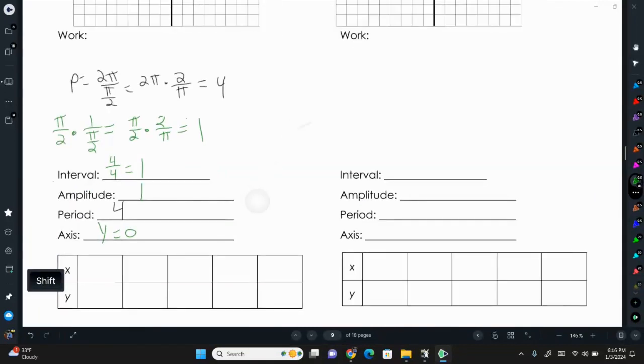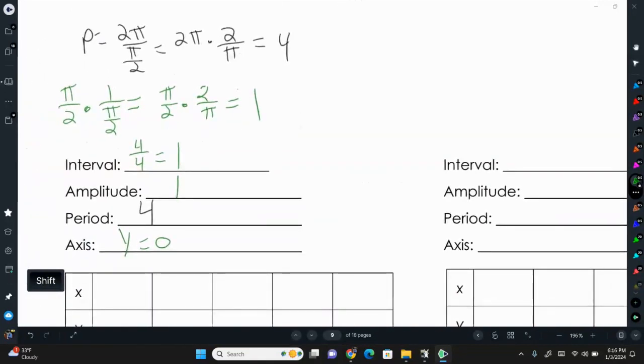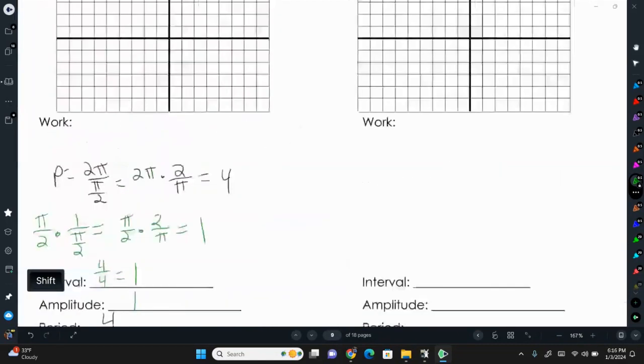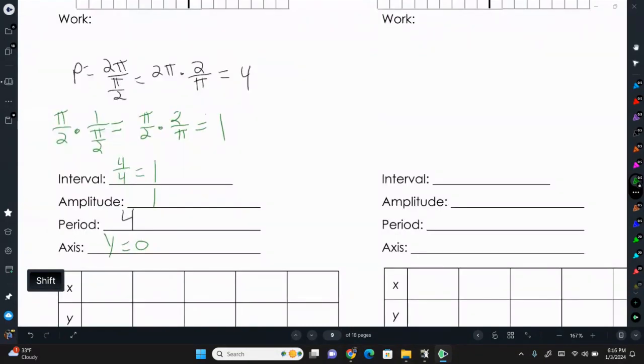So in some instances, it's probably easier to, like in here, take our period, which is 4, divide that by 4, and get our interval of 1. Whereas some of the ones that we were doing earlier, when we had a period of like 3 pi over 2, well, dividing that by 4 might be a little bit more difficult.